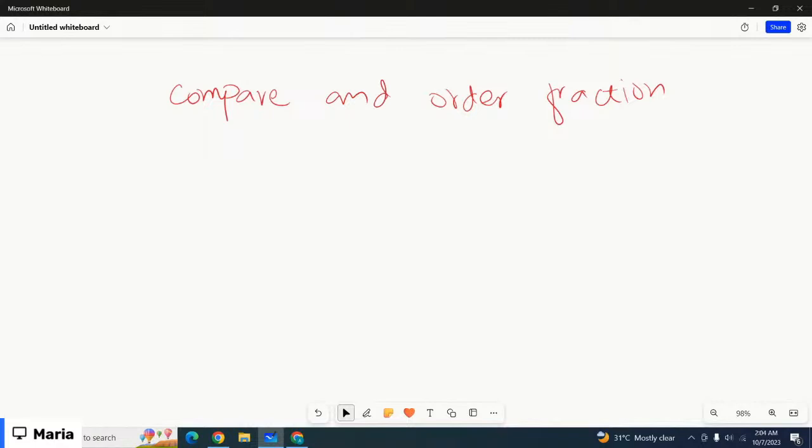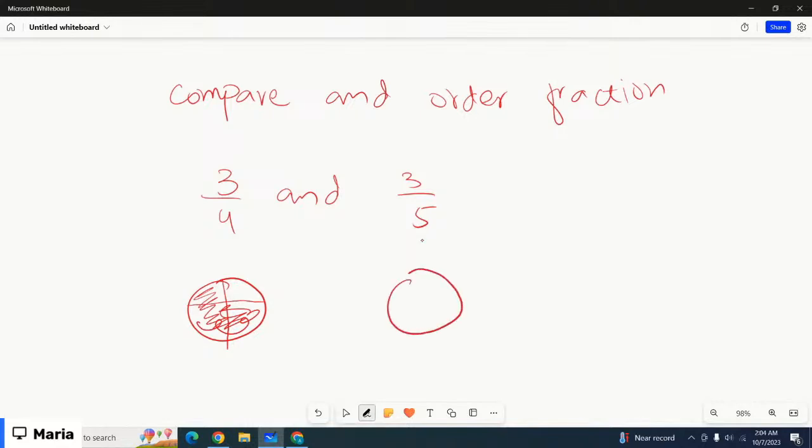For example, you are given two fractions, 3 by 4 and 3 by 5. You need to see which of them is greater. For 3 over 4, you have 4 parts, and 3 of them are colored. Then you have 3 over 5.